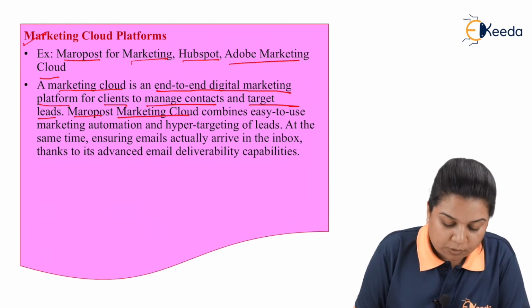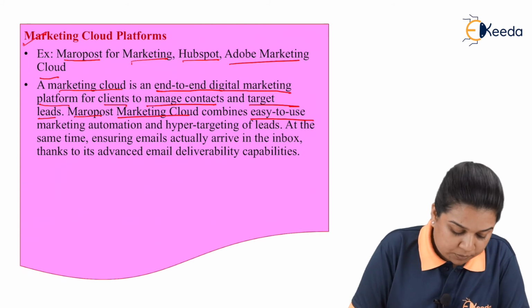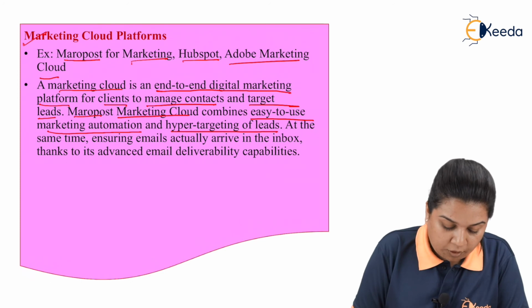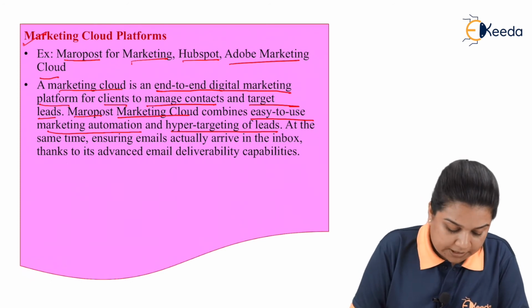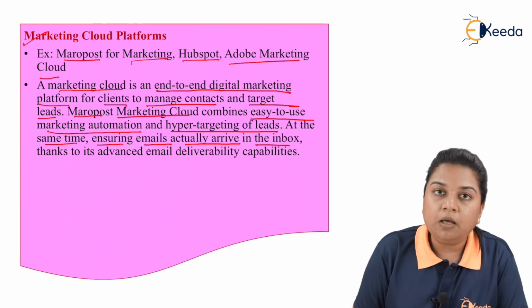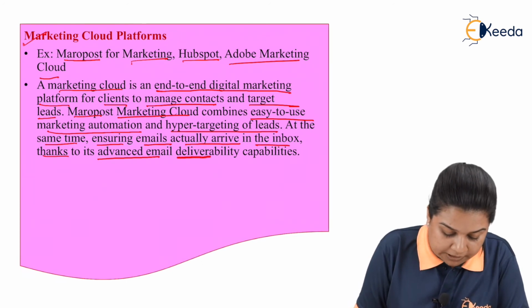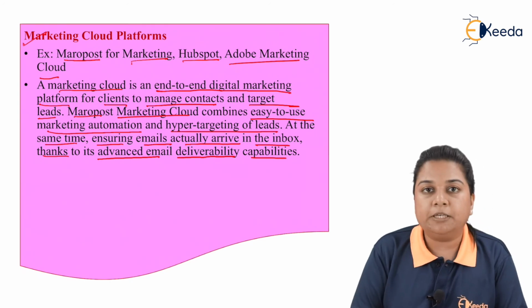Marrow Post Marketing Cloud combines easy to use marketing automation and hyper targeting of leads, at the same time ensuring emails actually arrive in the inbox thanks to its advanced email deliverability capabilities.